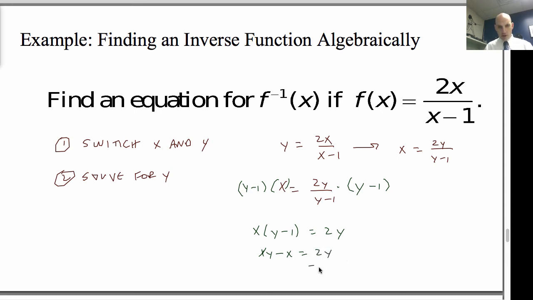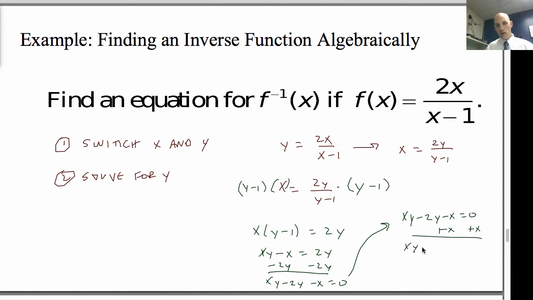And then I'll subtract 2y. And that will give me xy minus 2y minus x equals 0. And I'll add x. Remember, I'm trying to get x on one side and y on the other.